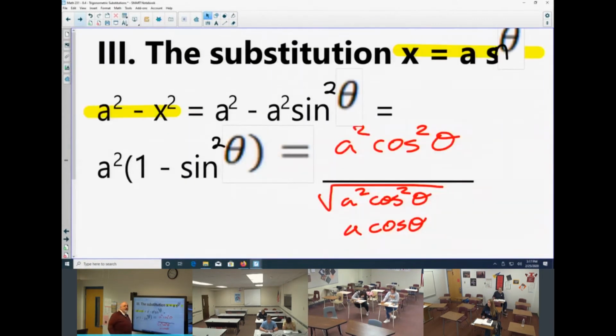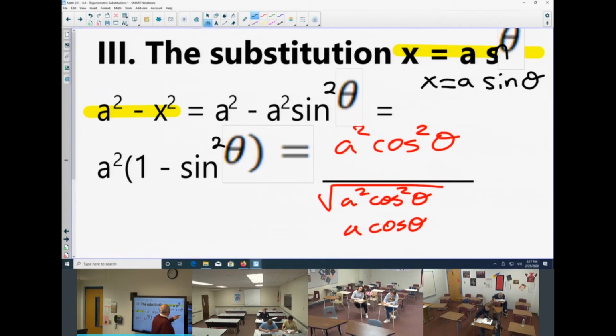All right, so now our second triangle, okay? So this is the substitution x equals a sine theta. X equals a sine theta, okay?